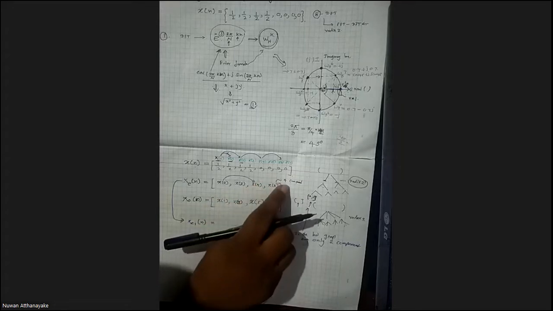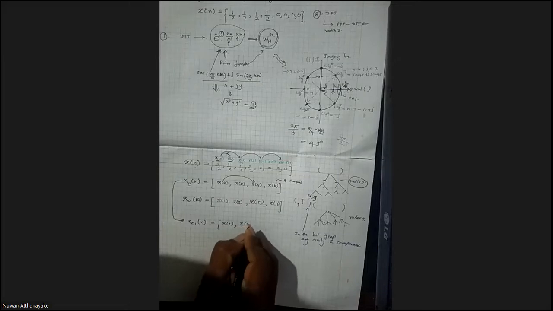Then there is no other one, so I have to group x0, x4. That is enough. And this one also, but there are more components. I'm going to group this one; let's say it is C2.